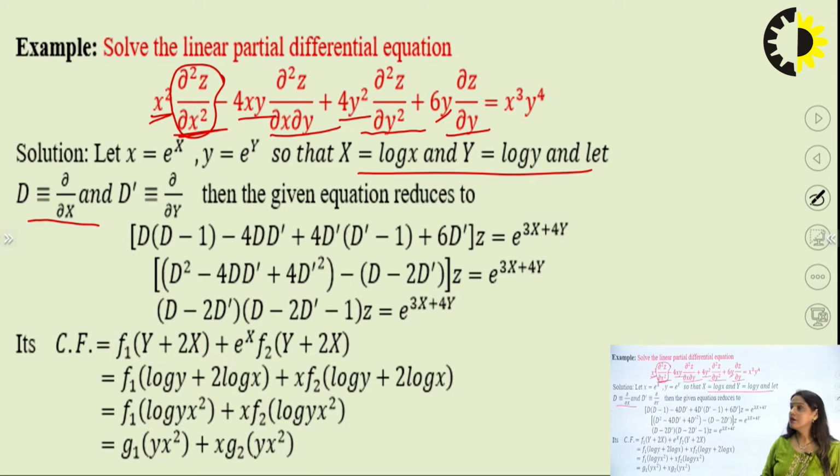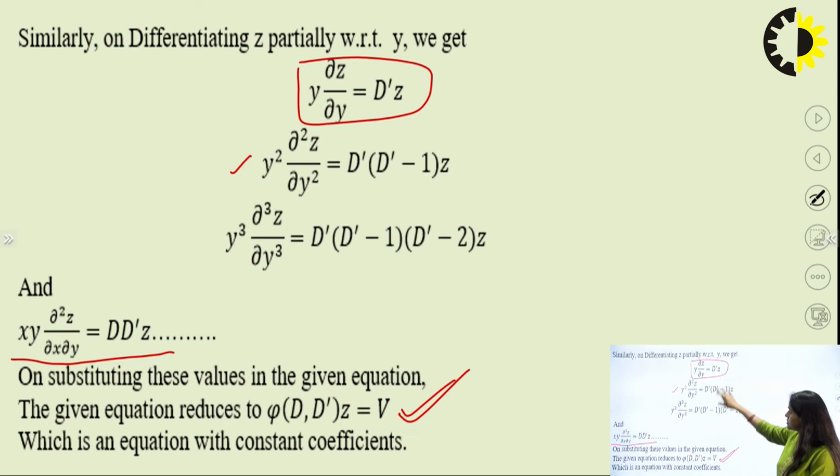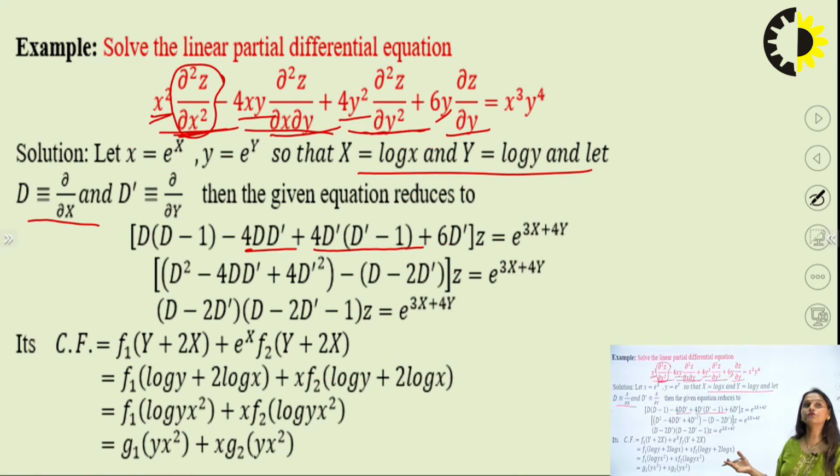So we know that wherever we have a second order derivative in x, we write D(D-1). If we have this mixed derivative, we write DD', and if we have a second order derivative with respect to y, then we write D'(D'-1). It means we replace these values in the question. Whichever terms we have in the equation, we replace these terms by D(D-1), DD', D'(D'-1), alright.